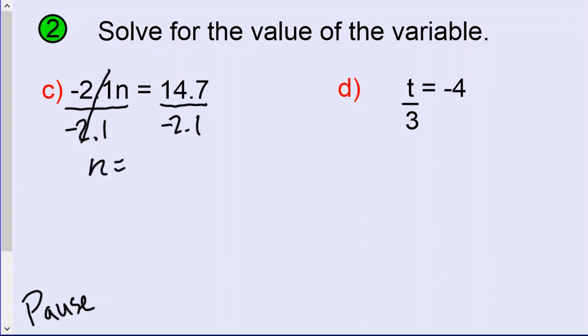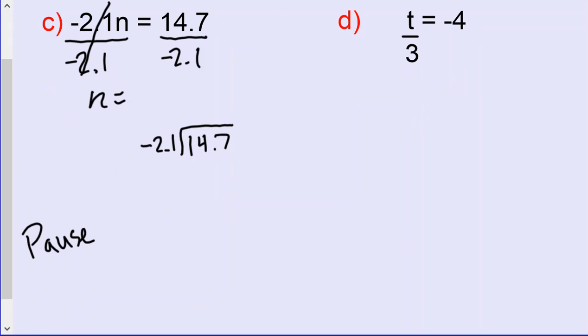N equals 14.7 divided by negative 2.1. Alright, remember when we are dividing by decimals, we want to divide by a whole number. So this negative 2.1, we're going to need to move the decimal over one spot to get to negative 21.